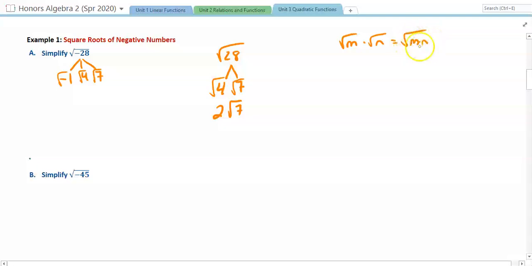We can split multiplication out of a radical, but we cannot split out addition or subtraction. So splitting this out, the square root of -1 is our i. The square root of 4 is 2, and the square root of 7 doesn't simplify. And so this ends up being 2i times the square root of 7. Now, if I were to go to a calculator and use the imaginary number, it would multiply back out to the same value that I would get if I did the square root of -28.